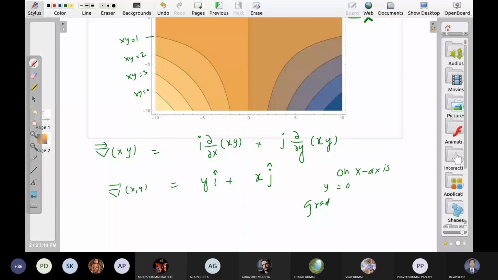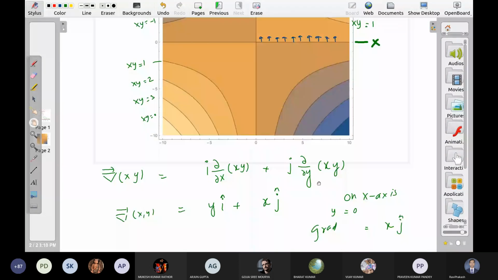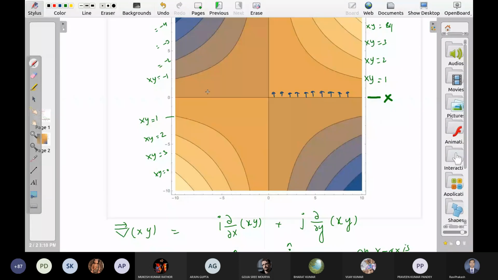If x is negative, it is pointing down. So the gradient looks like this at y equal to 0, on the x-axis. When x is negative, it is pointing down in the j cap direction like this.